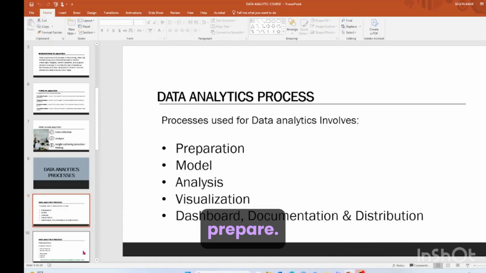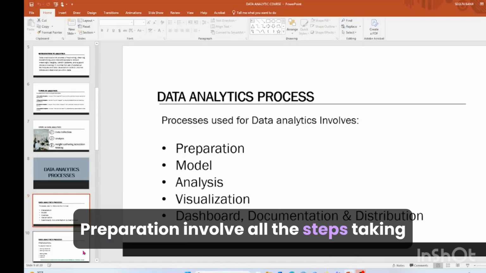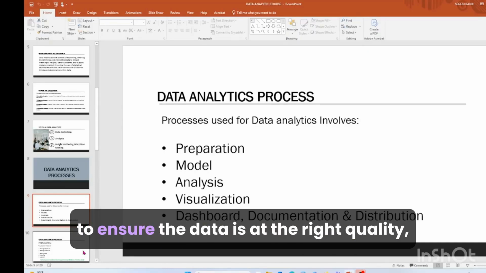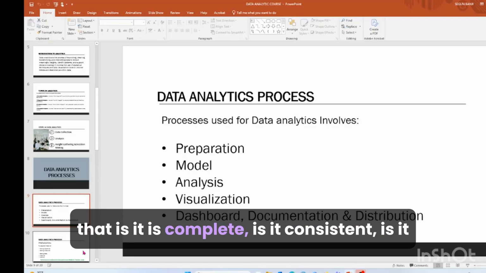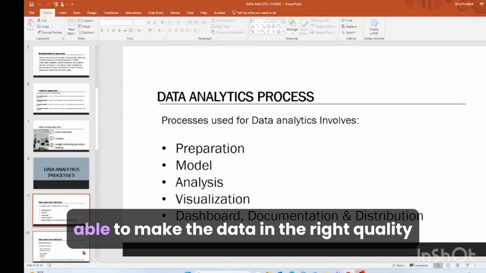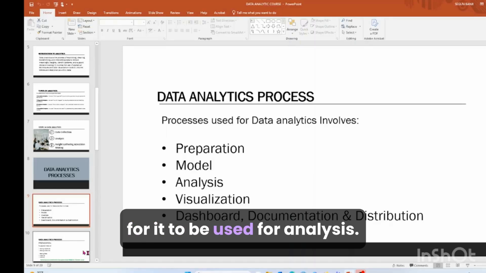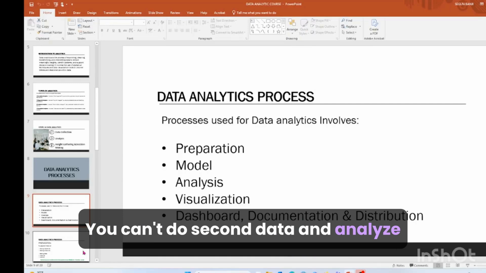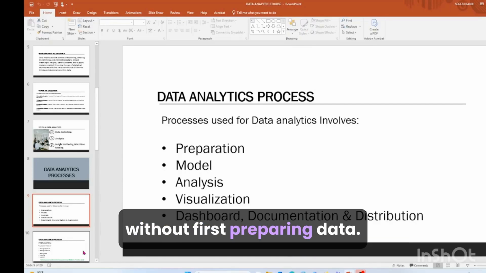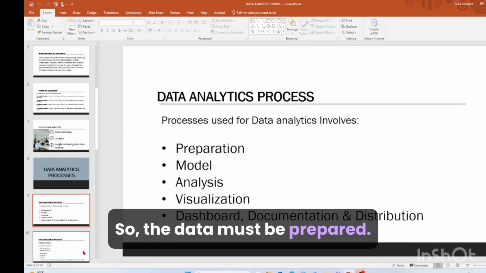And from the beginning, you have to prepare. Preparation involves all the steps taken to ensure the data is at the right quality, that is, it is complete, it is consistent, it is reliable, to make that data fit to be used for analysis. You can't just take any data and analyze without first preparing the data.